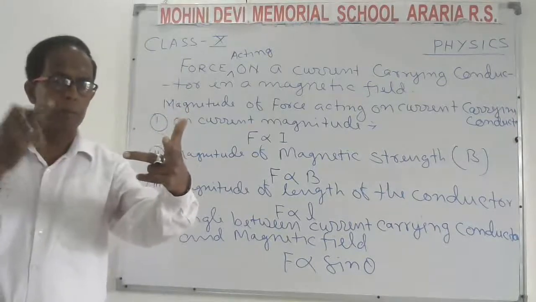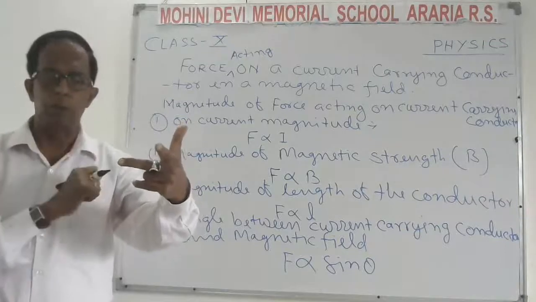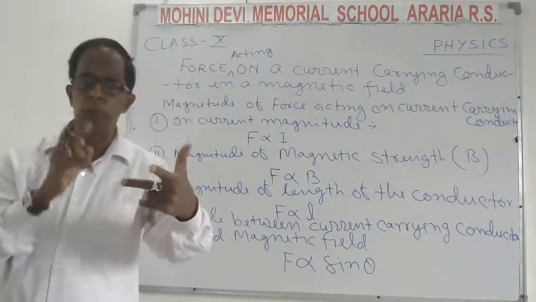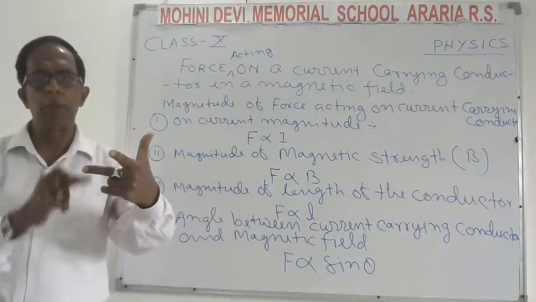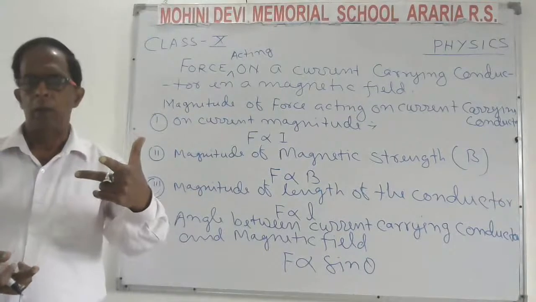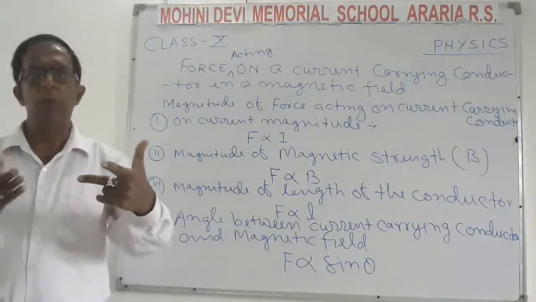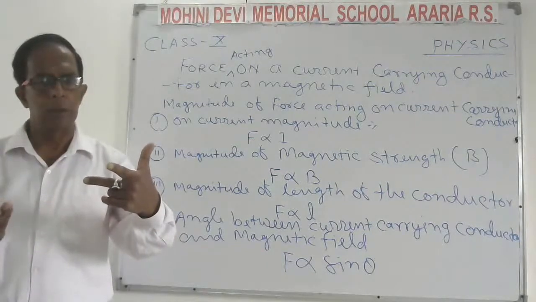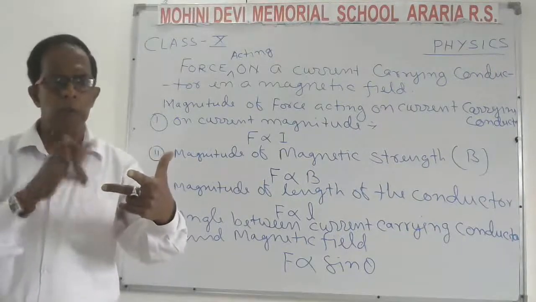It means they are making 90-degree angle with each other. So the strength of force is maximum when the angle between the magnetic field and the current carrying conductor is 90 degree. The Fleming left-hand rule explains it.